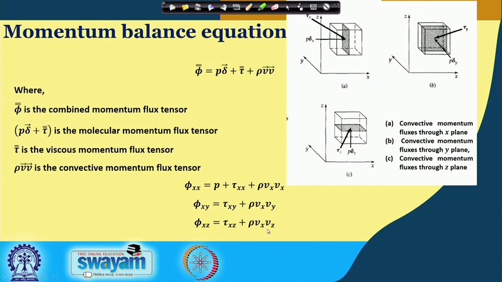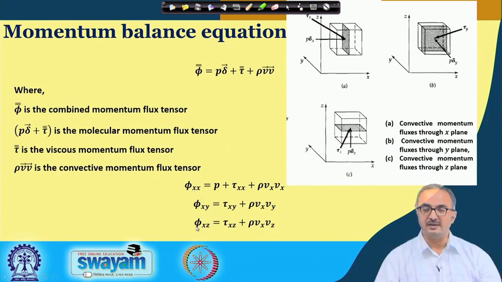Now, please understand that there is no pressure term in these two expressions, because pressure always acts normally to a surface and these two represent the directions parallel to the surface. So, there is no pressure term in these two expressions, and similarly you can also find out the expressions for phi yx, phi yy, phi yz, phi zx, phi zy, and phi zz.